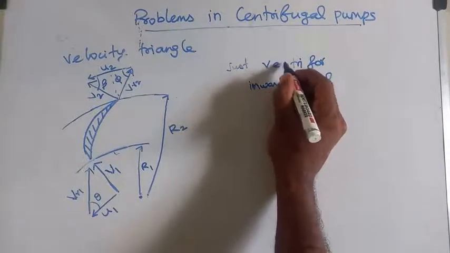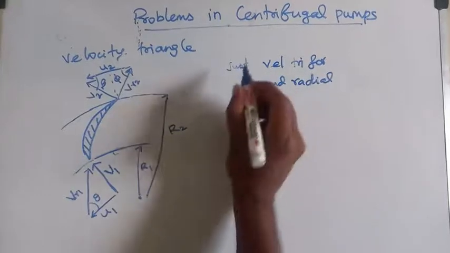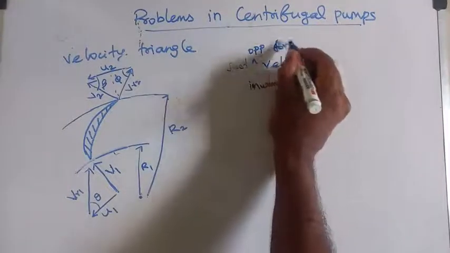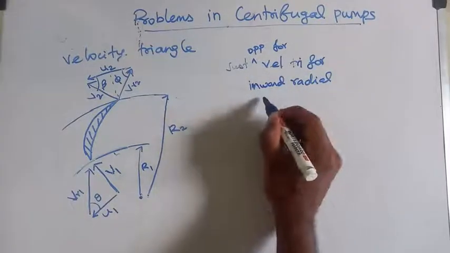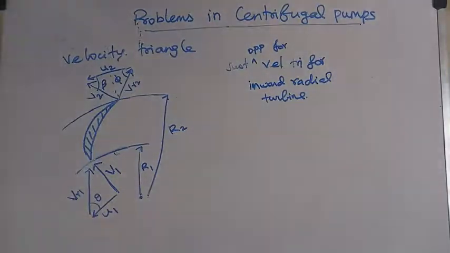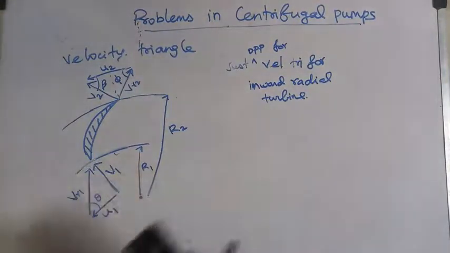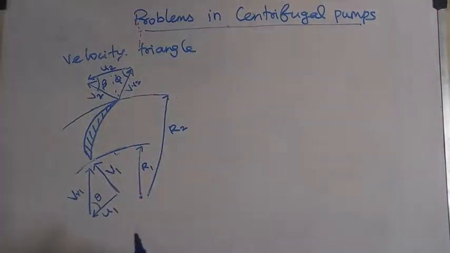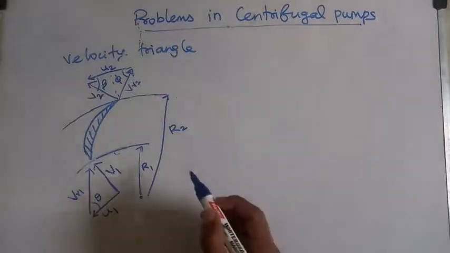If we know the turbine velocity triangle diagram and make it opposite, that means inlet as outlet and outlet as inlet, then we will get the velocity triangle for a centrifugal pump.